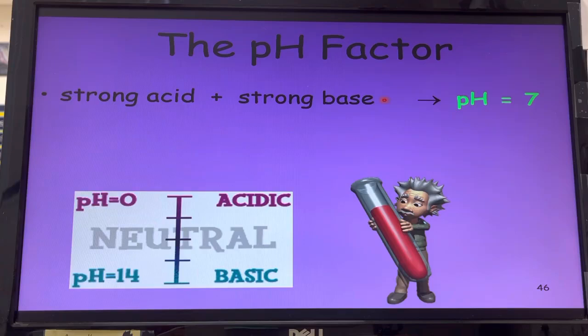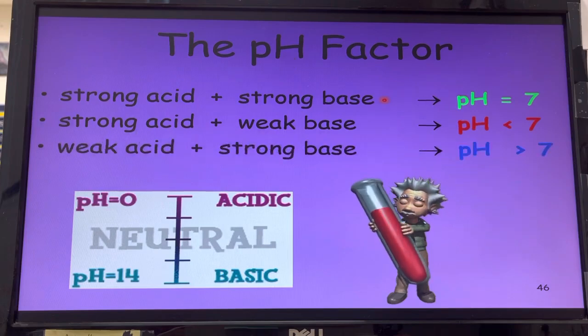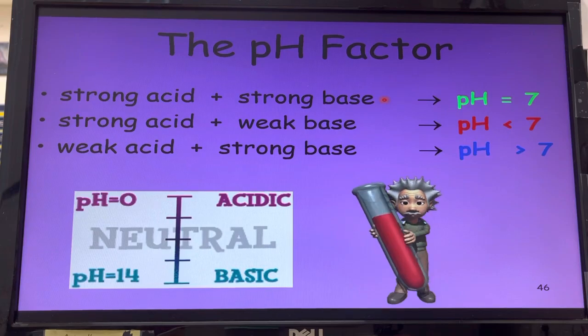Like I said before, if you have a strong acid and a strong base, if they're equal in concentration, you're going to end up with a neutral. If you have a strong acid and a weak base, you're going to end up with a pH less than 7. And on the opposite side, a weak acid and a strong base, you're going to have a pH greater than 7, which I just said previously.